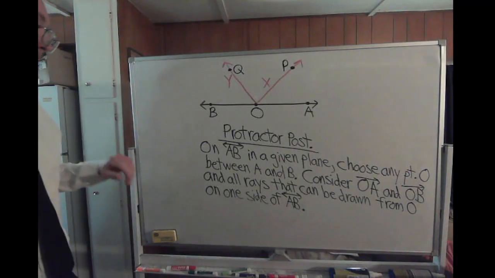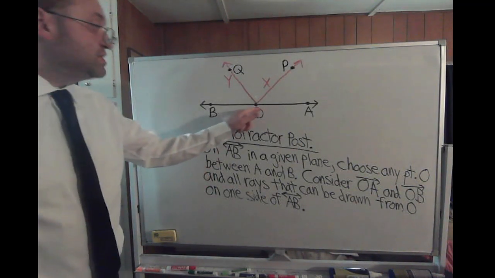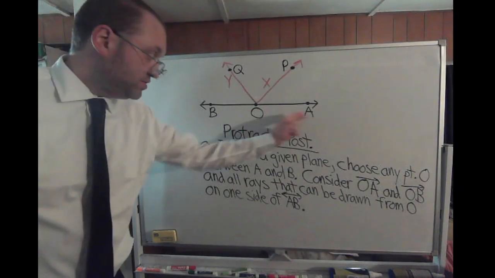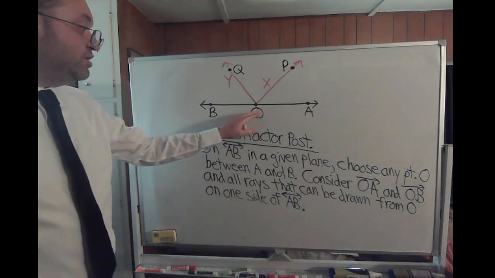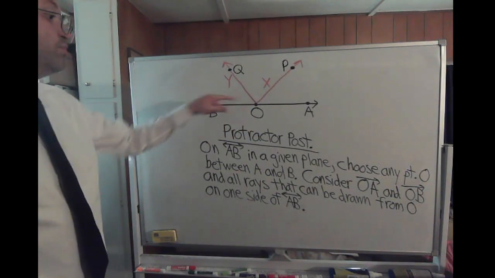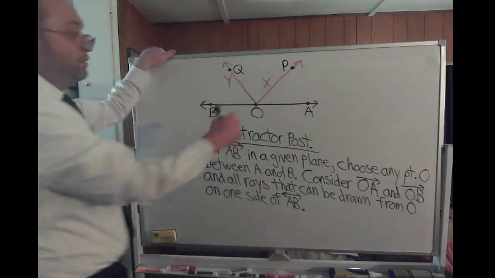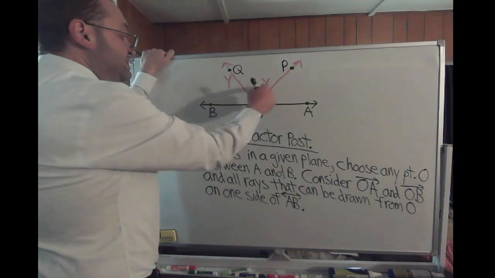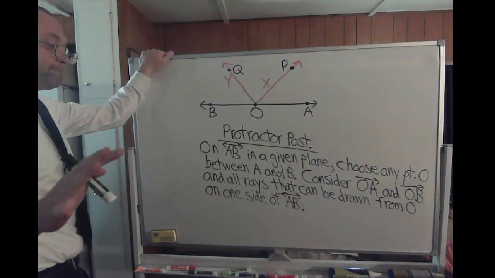Okay, so we've talked about the first part with the line. Now consider ray OA, because it starts at O, goes through A. We have a ray there. And then consider ray OB, starts at O, goes through B. We have a ray here. And all rays that can be drawn from O on one side of line AB. So X here, this is going to be an angle measure, so is Y, okay?